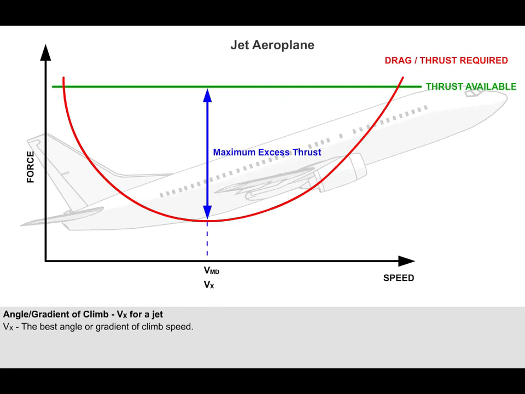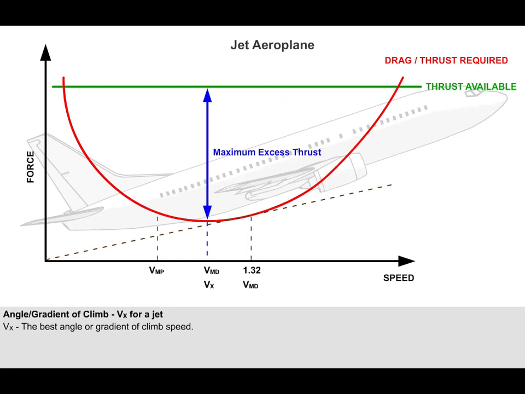The second reference speed is called the velocity for minimum power required, or VMP. VMP is about 0.76 of VMD, as shown here. The last reference speed is found at the tangent point to the drag curve, as shown.